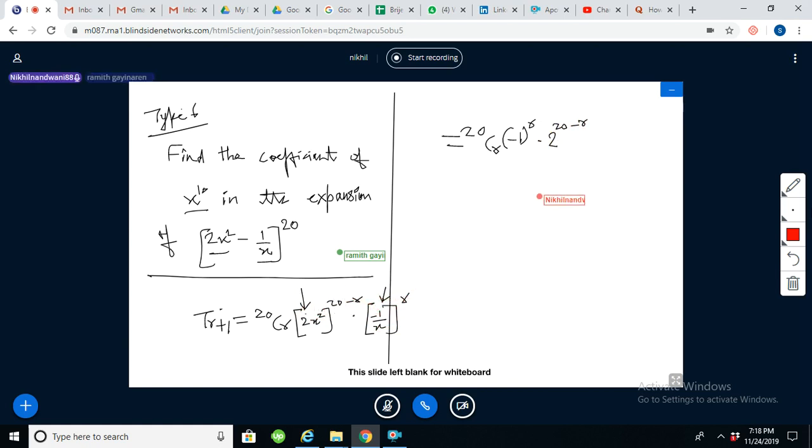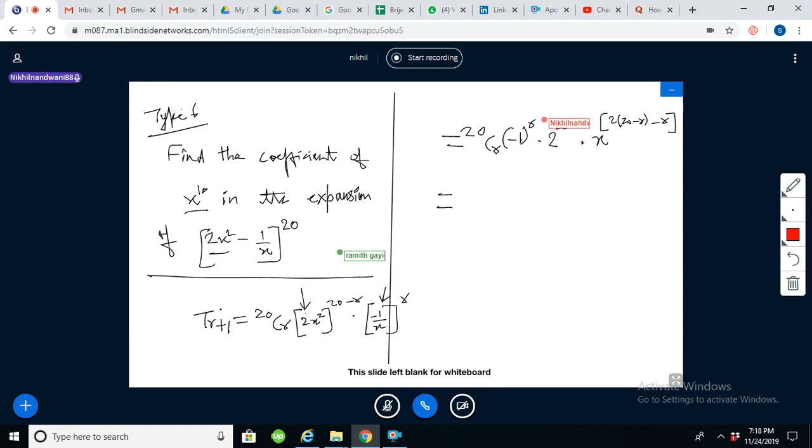Now I'm remaining with the x terms. So x to the power of, I will write all the powers. What will be x power 2 into 20 minus r, minus r. Why minus? Because it's always in the denominator.